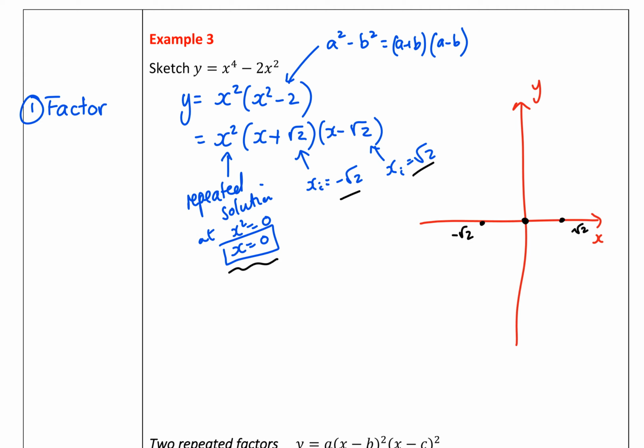Now this has to be a positive curve because the leading coefficient here was a positive number. So that means this is going to look like a W. Now the only way I can join all these lines together in the shape of a W is if we look like this.